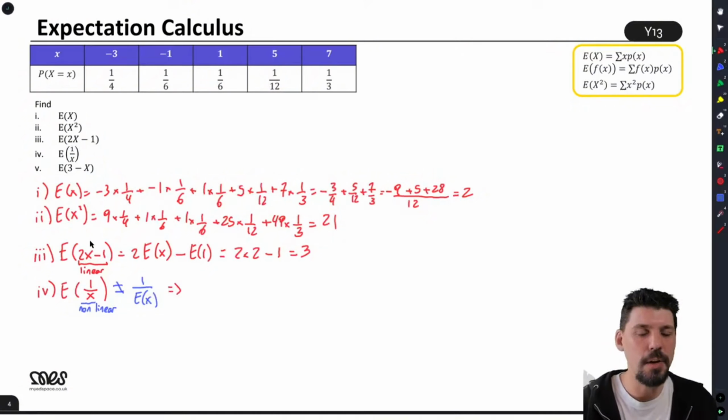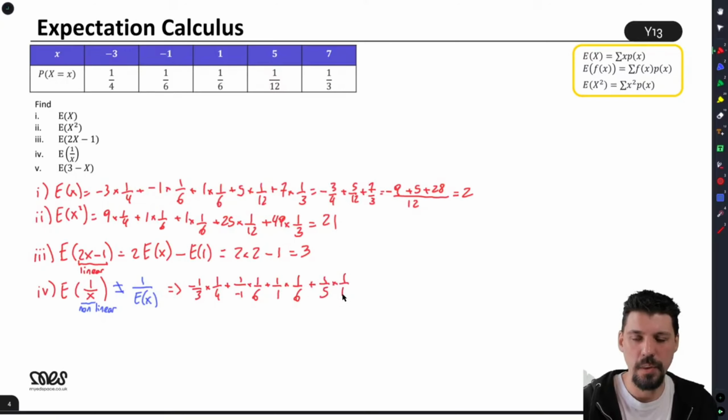There's a huge difference between the expected value of a linear function and a non-linear function. Now, annoyingly, I've got to go minus 1/3 times a quarter plus 1 over minus 1 times 1/6 plus 1 over 1 times a sixth plus 1 over 5 times a 12th plus 1 over 7 times 1/3.